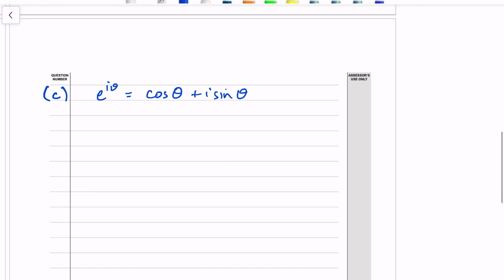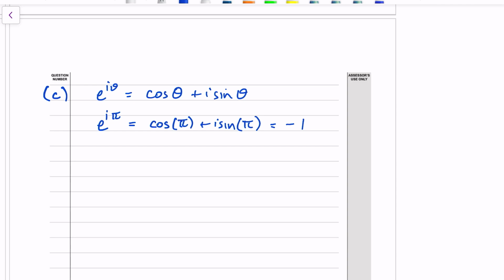Okay, so starting off, how does this connect to the e to the i theta formula? If you're watching this video, you're probably a maths nerd, which means you've probably seen some t-shirts that have e to the i pi equals cos pi plus i sine pi equals -1, because cosine pi is -1 and sine pi is nothing. It's a beautiful equation.